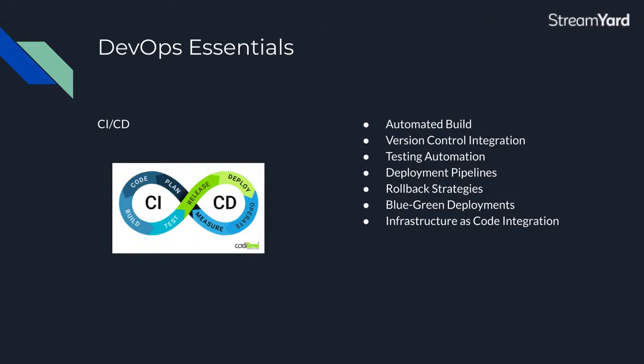Then when the issues are solved, you push to production. And the goal of CD, which is continuous deployment, is that it involves automation of deployment processes to different environments. That's what CD is for. CI detects issues before you go to production. CD automates the production deployment process. Next slide.